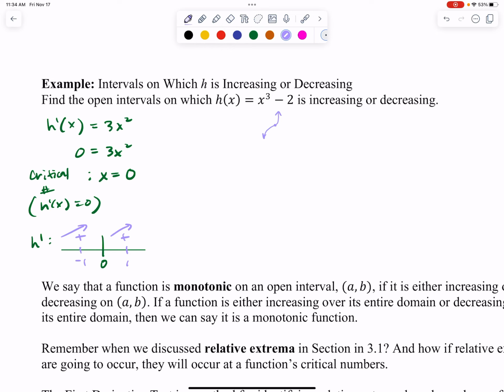So if we think about values directly to the left of x equals 0, the y values that correspond to those points would be smaller than the y value at x equals 0. And if we think about points directly to the right, the y values would be larger than the y value at 0. So yes, h is increasing everywhere from -infinity to positive infinity.